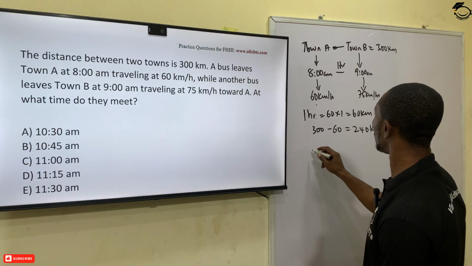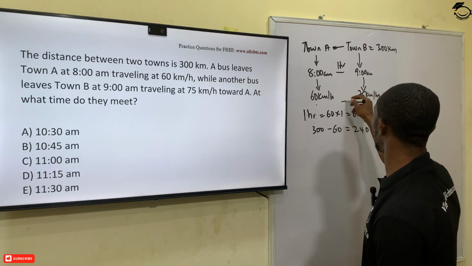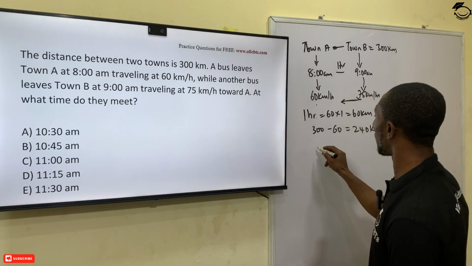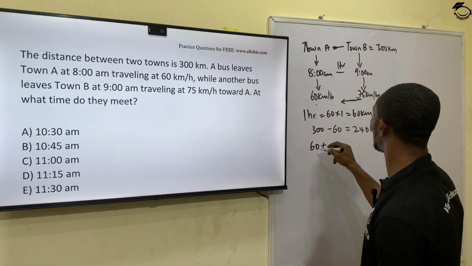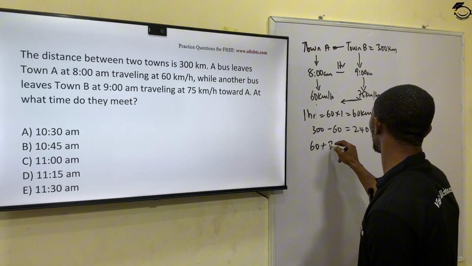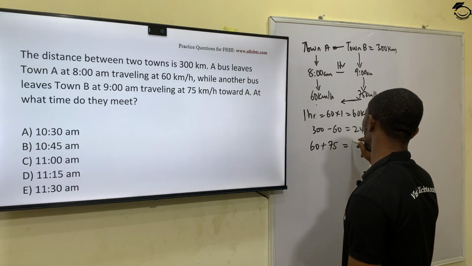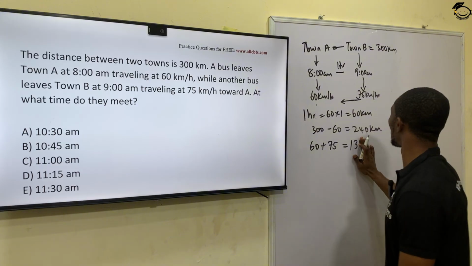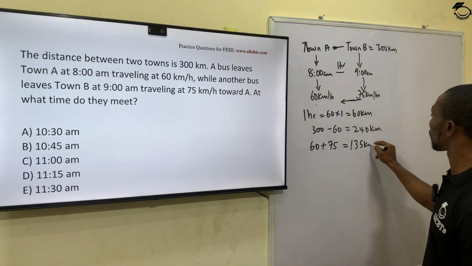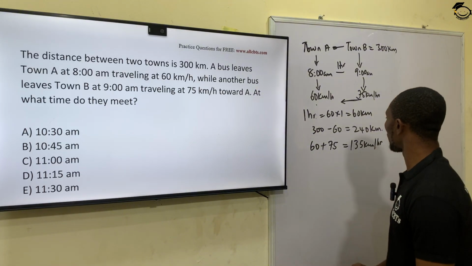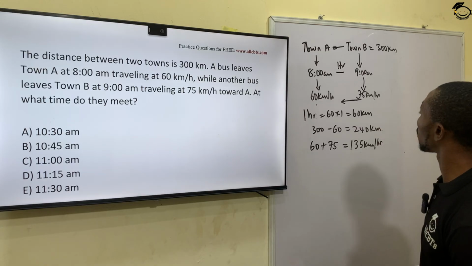All right, now looking at their speed, their combined speed will be 60 plus 75, which gives us 135 kilometers per hour. Okay, that's for their combined speed.